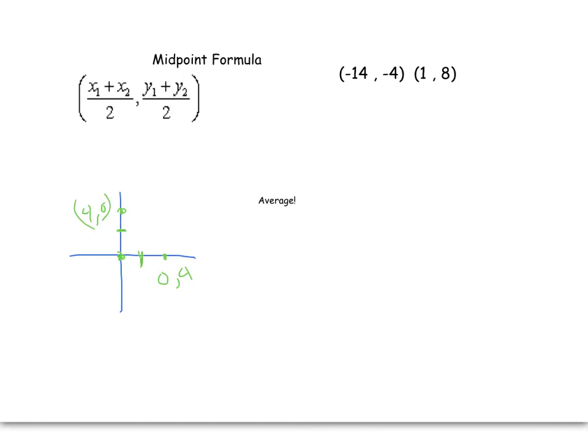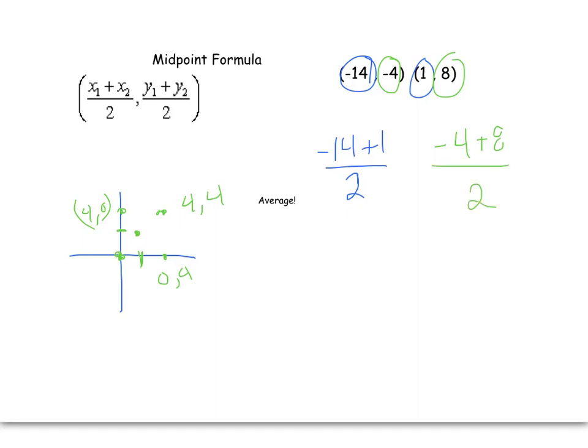So doesn't it make sense that if I want the midpoint between 0, 0 and let's say 4, 4, that I would cut both distances in half, both my x and my y. So same idea here. We're going to take both of our x's, negative 14 and 1, and cut them in half. And we're going to take both of our y's, negative 4 and 8, and cut them in half. And that would be the point that is in the middle.